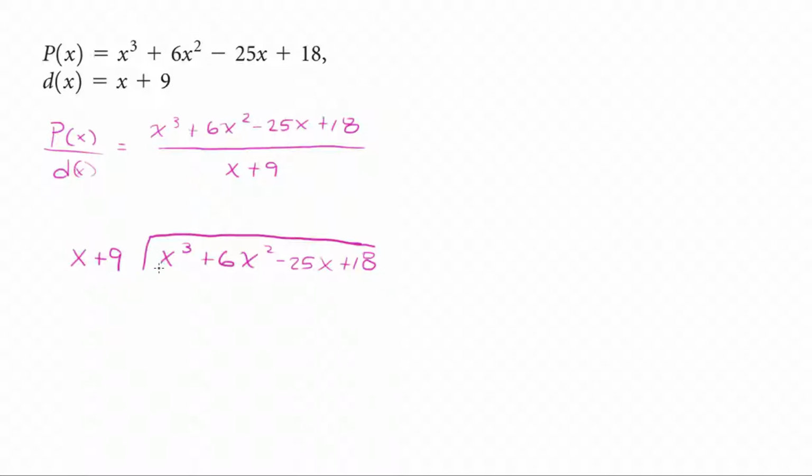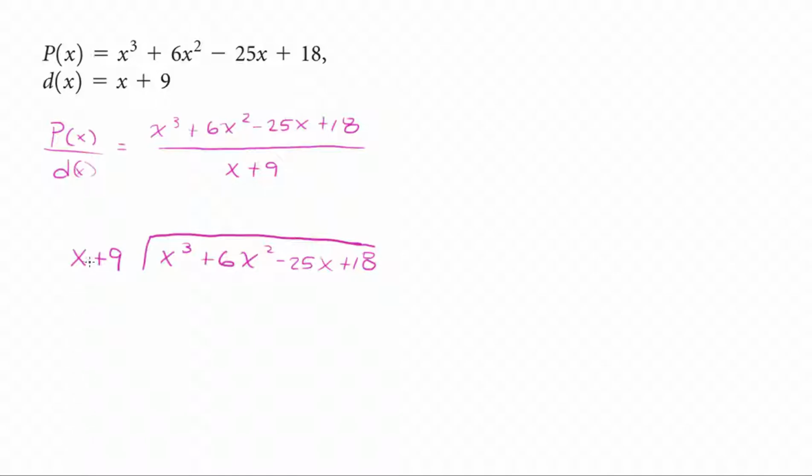By that I mean the highest exponent is first, then the next highest, then the next one, and so on. If you're missing any values, you should write it as 0 and then the x with the exponent you're missing. That also counts for this side. This also has to be in order. Once it's in order, then we can start.